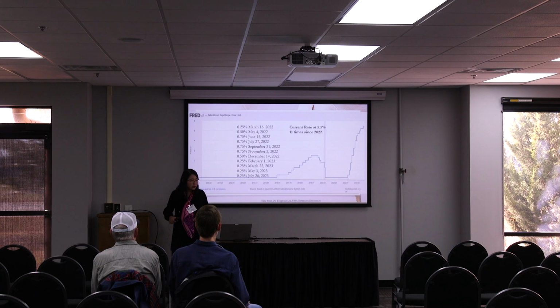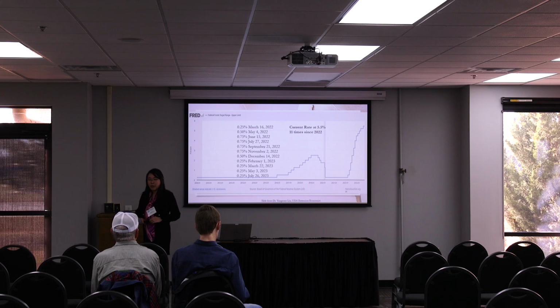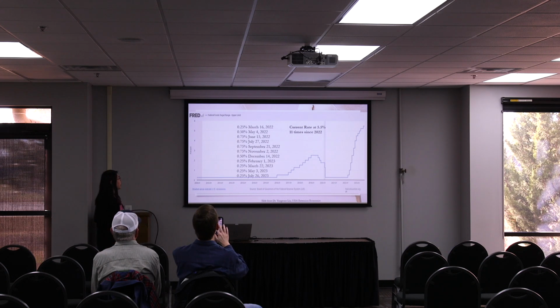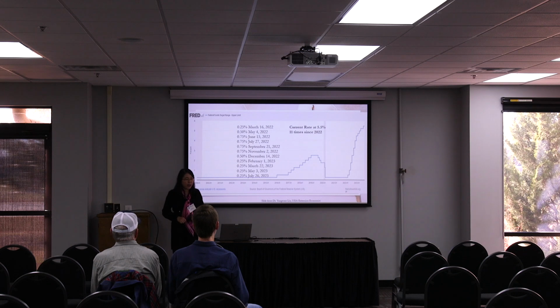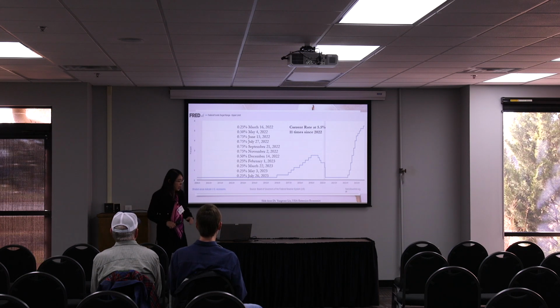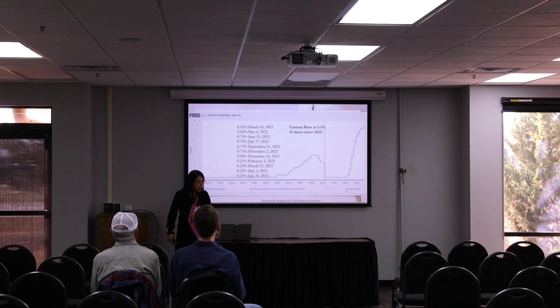This graph shows the interest rate increases the Fed has been implementing since 2022. The Fed has raised rates 11 times, trying to fight inflation, and the current target rate set by the Fed is 5.5%.